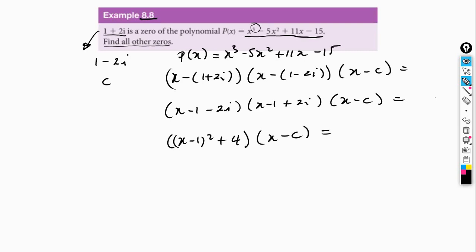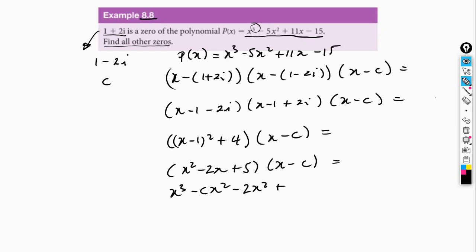And then if we expand this to the left, we're going to get x squared minus 2x plus 1 plus 4, so plus 5, times x minus c. And then after this, if we apply the distributive property between those two expressions, notice that we're going to get x cubed minus cx squared minus 2x squared plus 2cx plus 5x minus 5c.